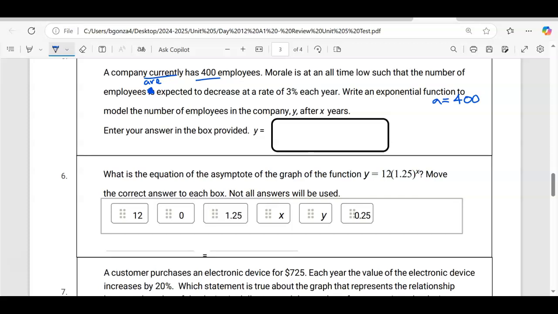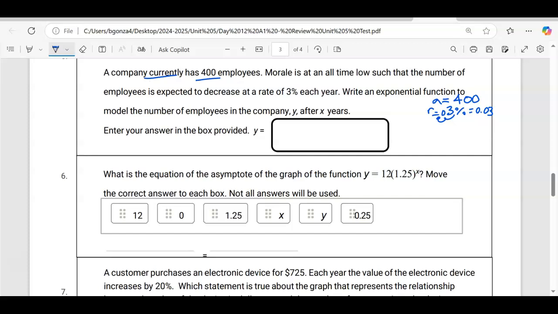The number of employees is expected to decrease at a rate of 3% each year, right? So R equals 3%. Move that 2 to the left. 0.03. Write an exponential function to model the number of employees in the company.